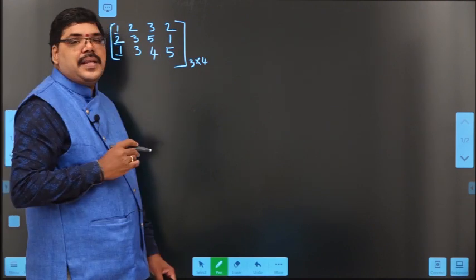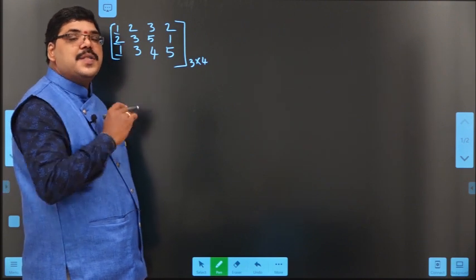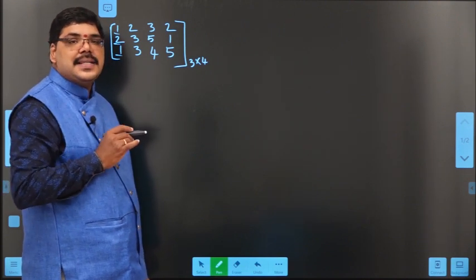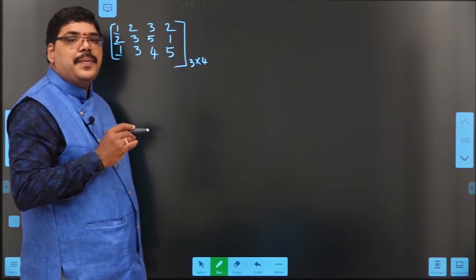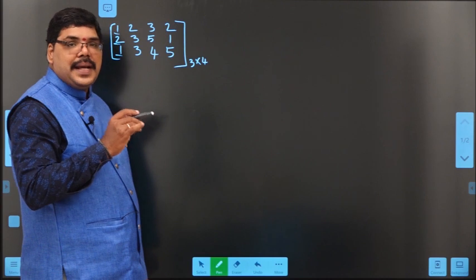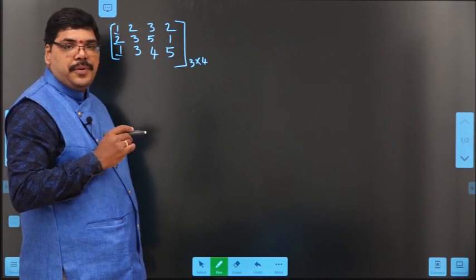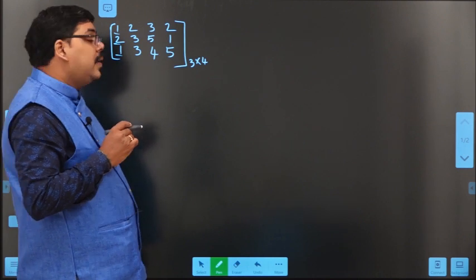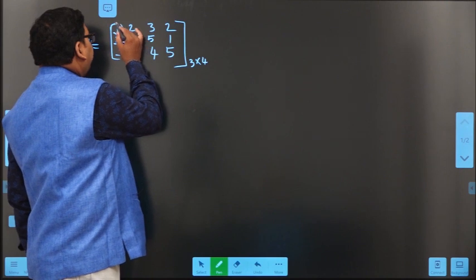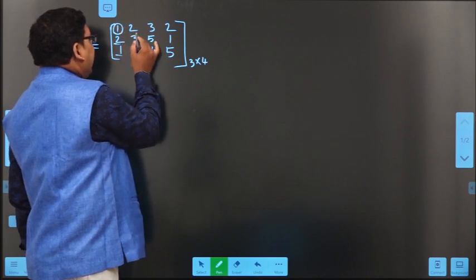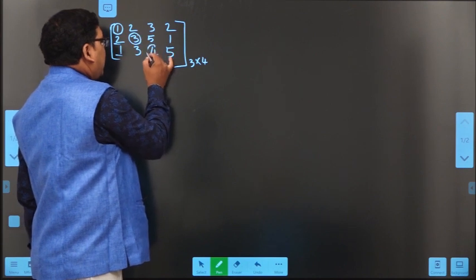If this is a matrix given, what elements of this matrix are called the principal diagonal elements? Can you answer? Yes. The elements which are in first row, first column, second row, second column, third row, third column.